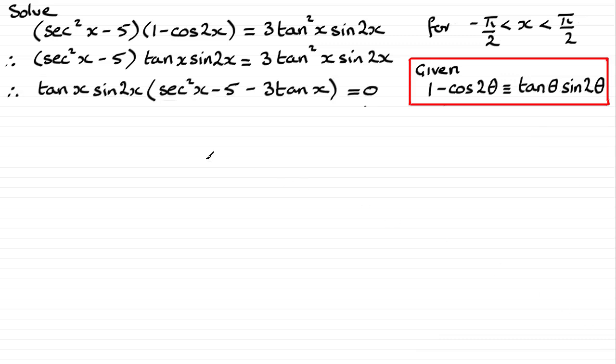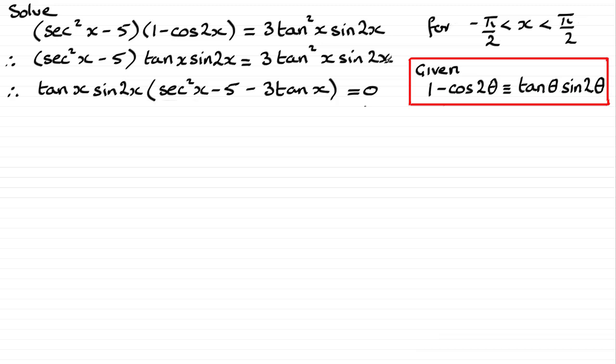What we get is if we take the tan x sine 2x outside this bracket, then we've got it multiplied with the sec squared x minus 5. Okay, that gives us that term there. And then if I've subtracted this term from both sides, you can see that tan x sine 2x times the minus 3 tan x would give me negative 3 tan squared x sine 2x.